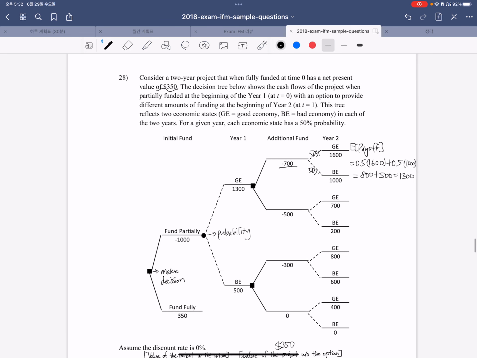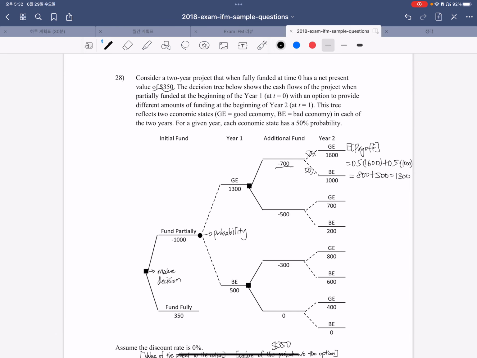And since we get an additional fund of 700, the expected profit would be 1300 minus 700, which is 600.